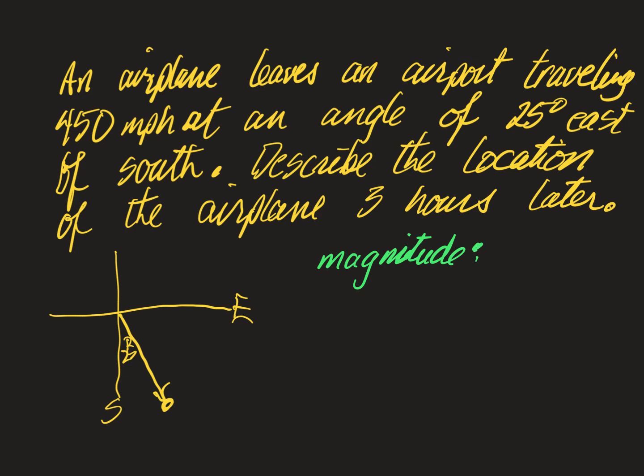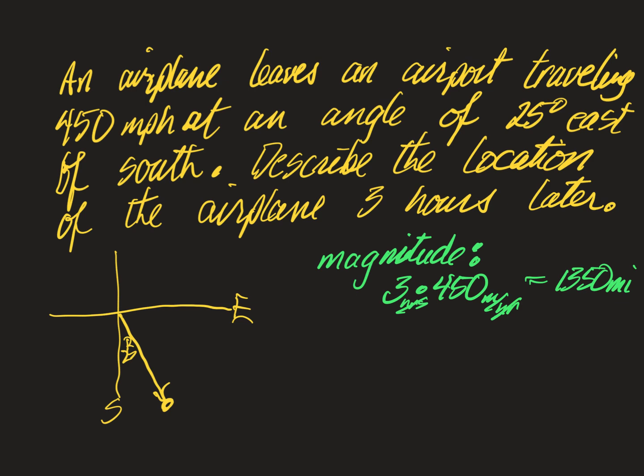So the magnitude is rate times time. So 3 hours times 450 miles per hour. So see the dimensional analysis, the hours cancel. And so we get 1,350 miles. That's the magnitude.